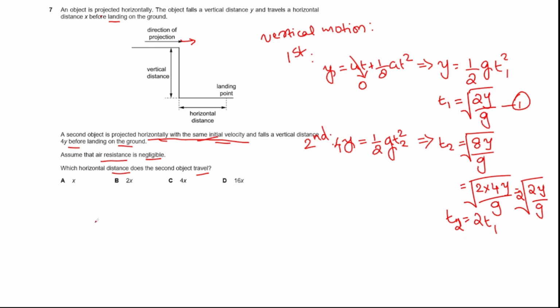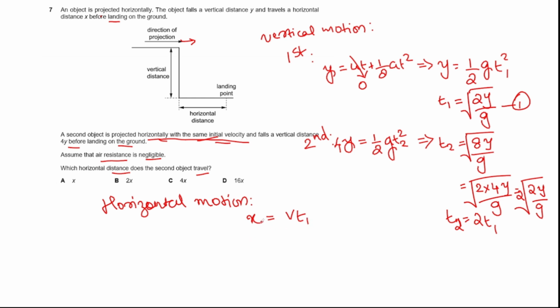So let's consider the horizontal motion now. It's given that for the horizontal motion there is an initial velocity value. So you can find the distance, represented by x, which is velocity times time. Let's take the velocity as v and the time as t. For the first object, x1 is equal to v t1.